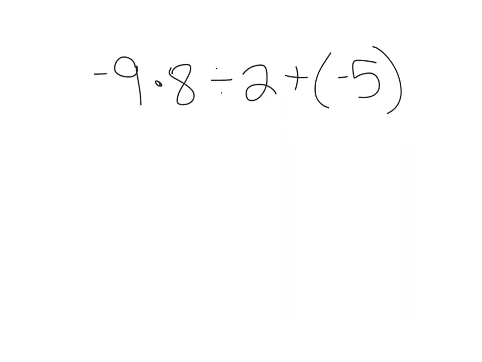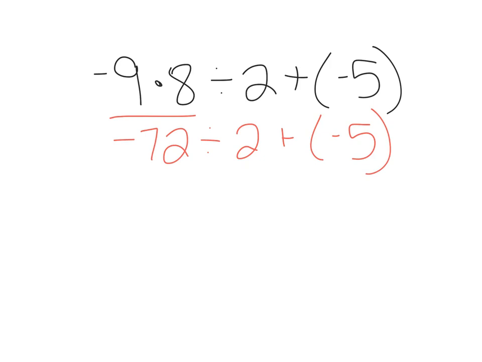Let's try this next one. Make sure you have all the answers filled in on your board or on your paper. So we're going to start with -9 times 8. That's going to give me -72. Divided by 2 plus -5. Even though there's a parentheses with the -5, that's just kind of keeping it together. So there's not actually an operation we have to do there.